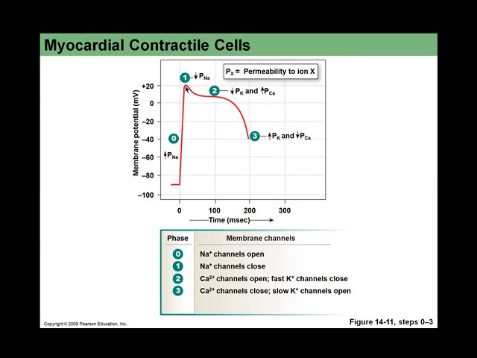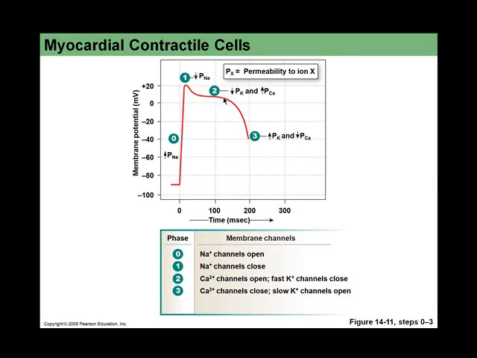Those voltage-gated sodium channels will have closed, and you know that they need time to reset as well to become capable of being activated again, opened again. And then there's some potassium, and that early potassium permeability ends at a point where calcium kicks in.